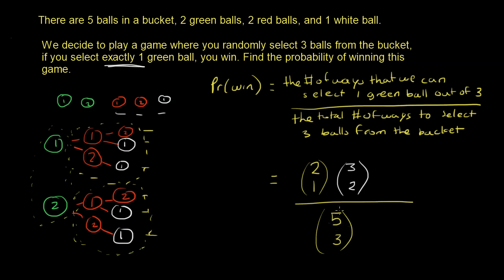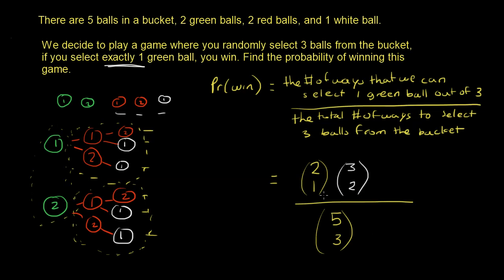This is combination, not permutation, because the order of the balls doesn't matter. Getting green, red, red is the same thing as getting red, green, red. All that matters at the end of the day is that you have exactly 1 green ball. It doesn't matter if you picked it first, second, or third.